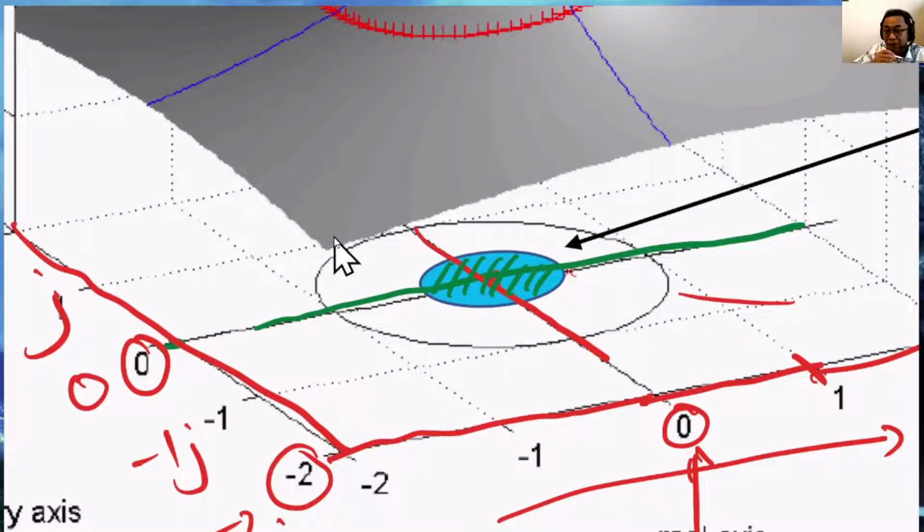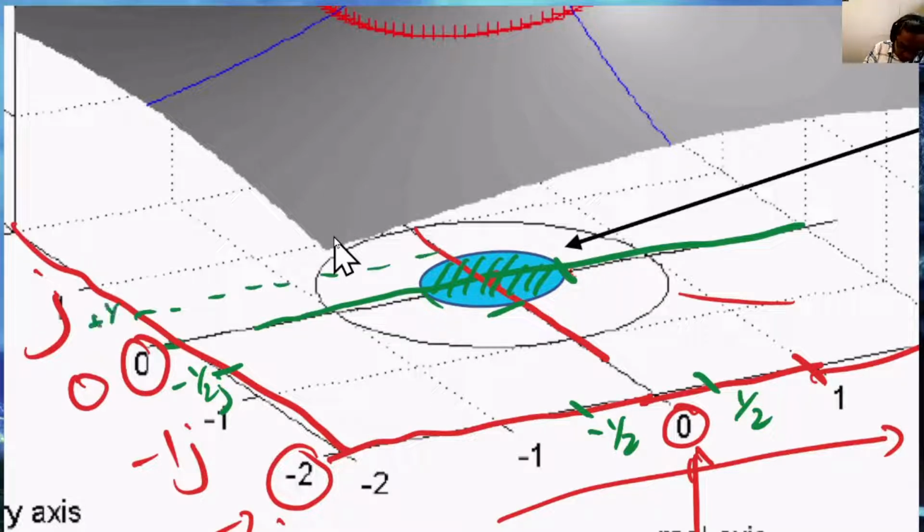This circle has a radius half. The other side is minus half, on this side is minus half j, and on the top is plus half j. This is a circle with radius half.